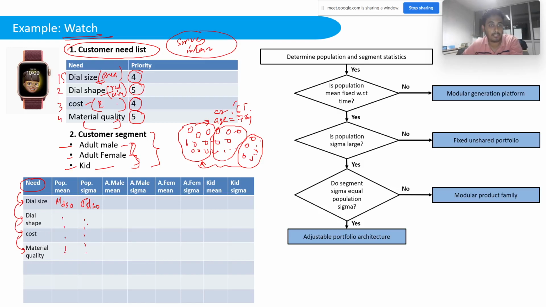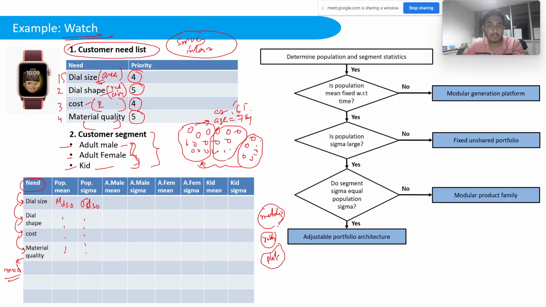Material quality can be qualitative, so there you take the mode, and for the mode you try to capture the frequency. How many people say they want the colorful ones, probably. Material quality may also be metallic. You may have different variations, and when you did a survey for material quality, you can later classify your findings: metallic, then some people may say rubber, some may say plastic.